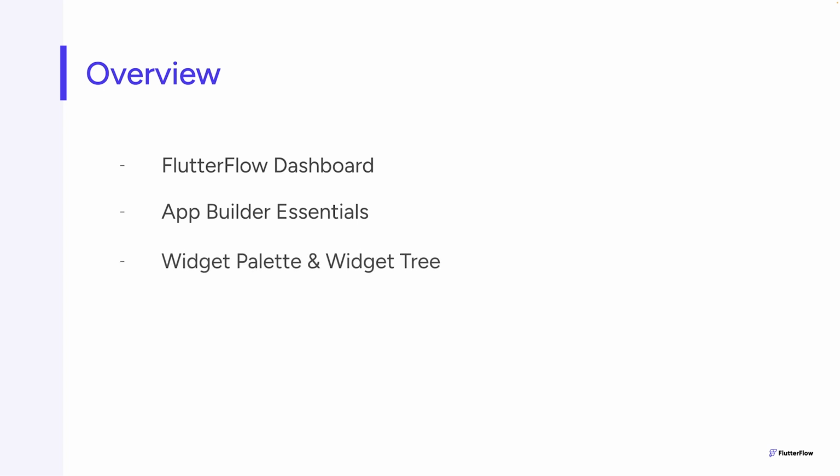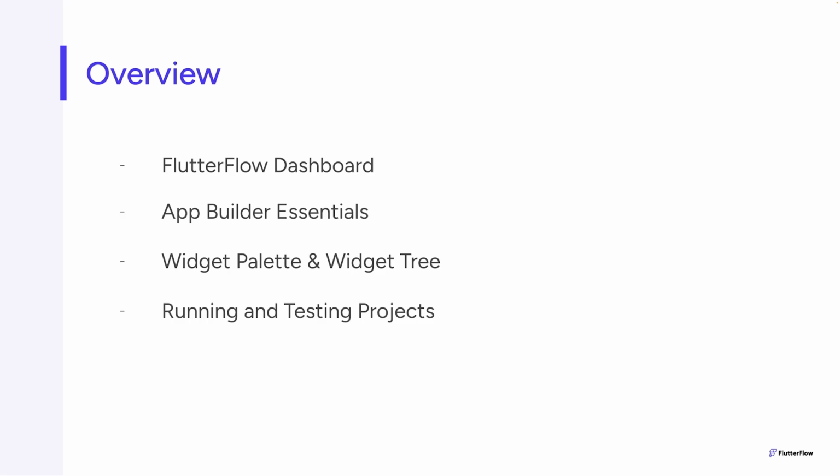All right, now that we have a common understanding of some core concepts of FlutterFlow projects, let's see what you're going to learn in this video. We're going to start with an overview of the FlutterFlow dashboard. Then we're going to build a project and go to the app builder essentials, so we learn what the app builder is and how you can interact with it. We're going to work with the widget palette and widget tree, and you're going to learn how they are going to work for you in FlutterFlow.